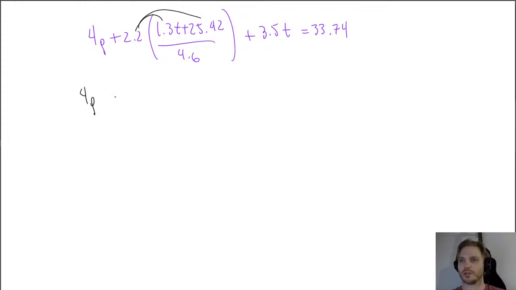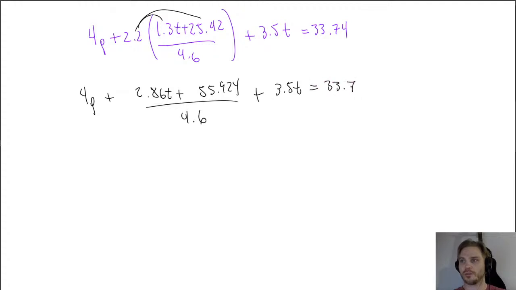And it's going to be plus 2.86t plus 5.42 equals 55.924 all over 4.6 plus 3.5t is 33.74.